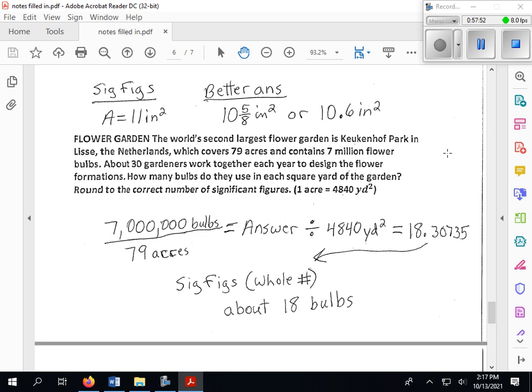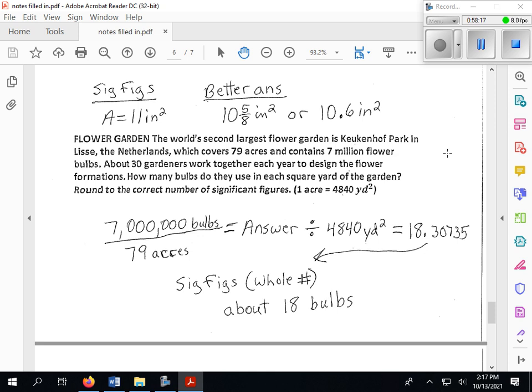Well, your answer gave 18.3. Yours did? That's all right. So 18.30735. We want to round this off to significant figures. What are we trying to find? How many what? Bulbs per square yard.